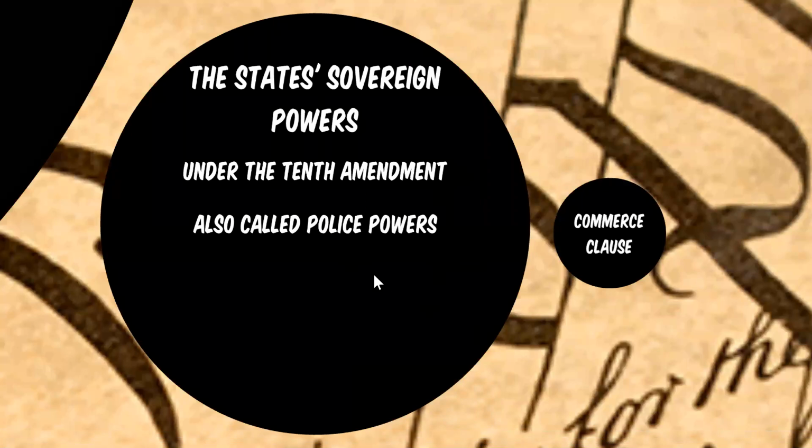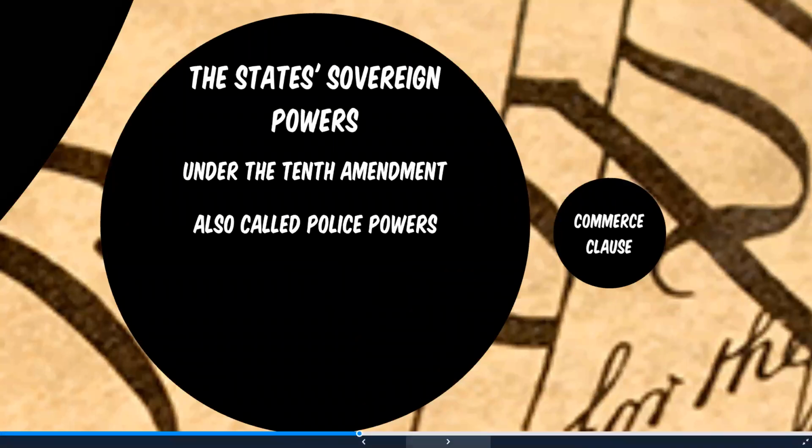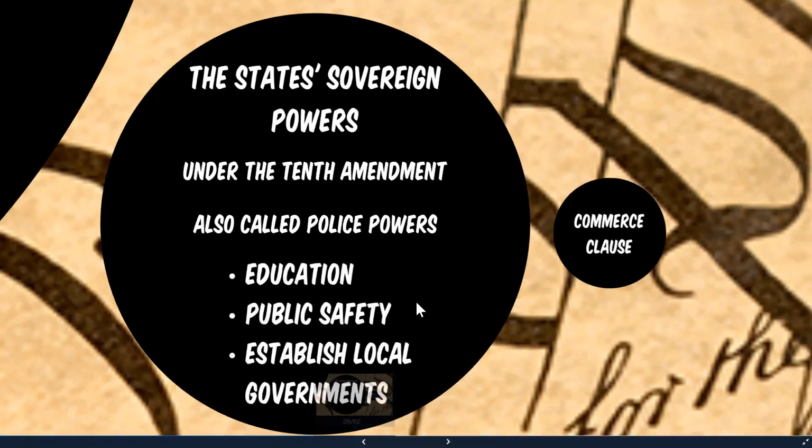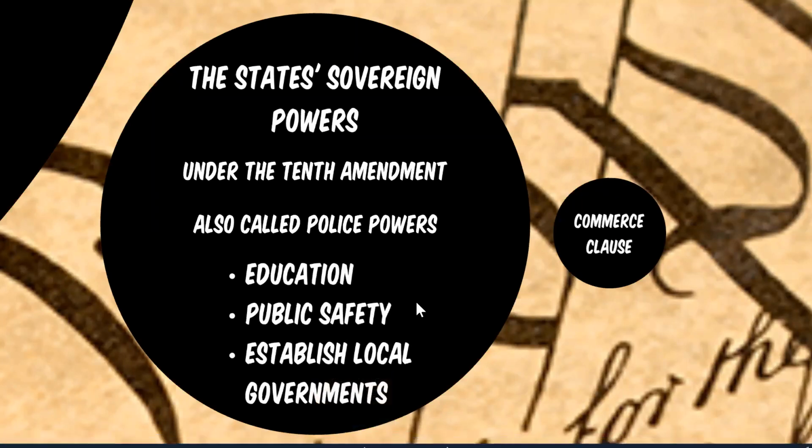What we mean by that is the powers for the states to run themselves. We call that police powers. And education, public safety, establish local government. And these are the powers that the states alone are supposed to have.